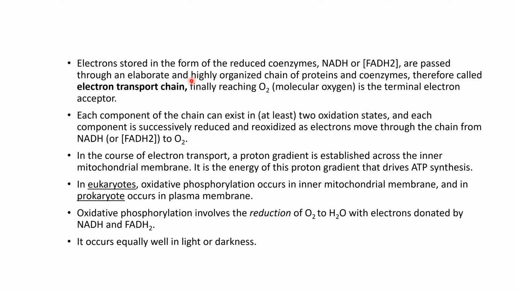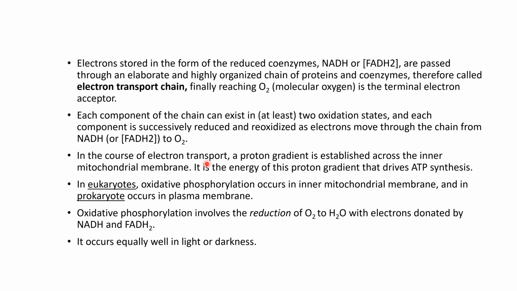Each component of the chain can exist in at least two oxidation states, and each component is successively reduced and reoxidized as electrons move through the chain from NADH or FADH2 to oxygen. So, obviously, NADH becomes NAD positive, FADH becomes FADH2. So eventually they reach their destination, the oxygen.